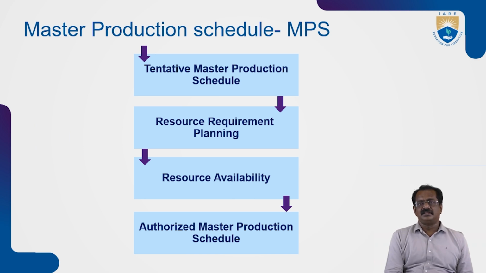Then finally they authorize the master production schedule. Once all this economic background paperwork, or homework, is done, it is taken forward for authorization.